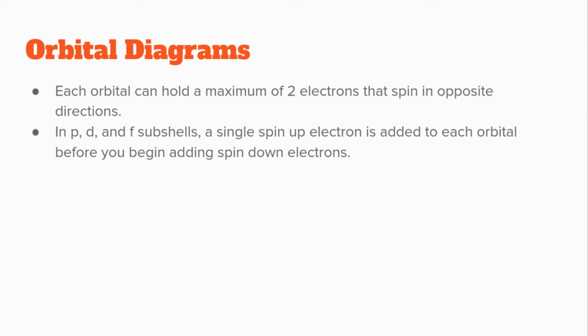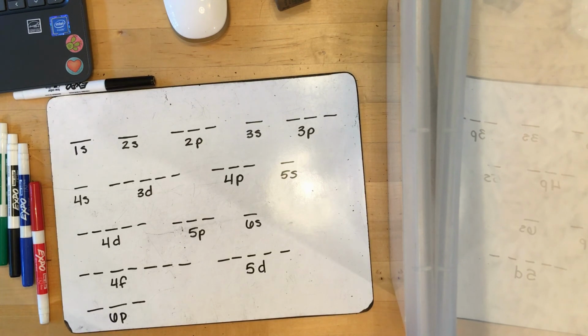When we add the electrons into the orbital diagrams, we have to remember that we only fill them one at a time. We don't pair them up until each orbital has 1 electron, and then we go back and refill to pair them up.